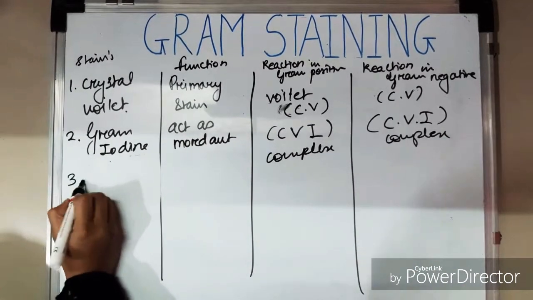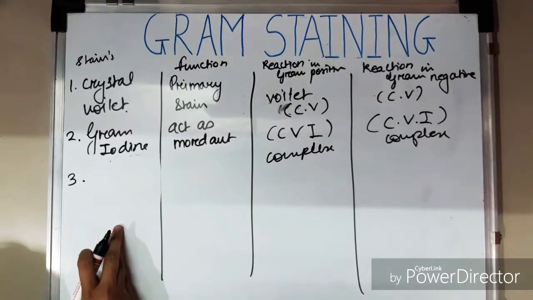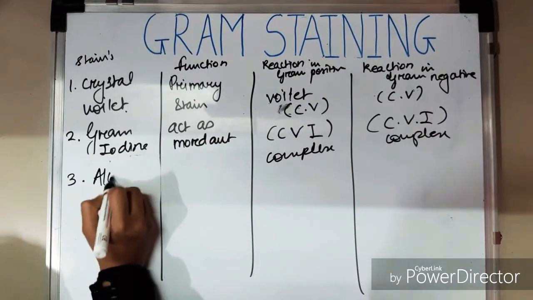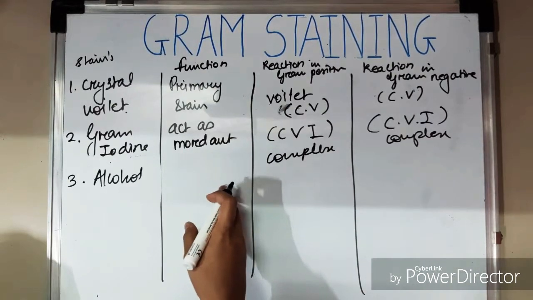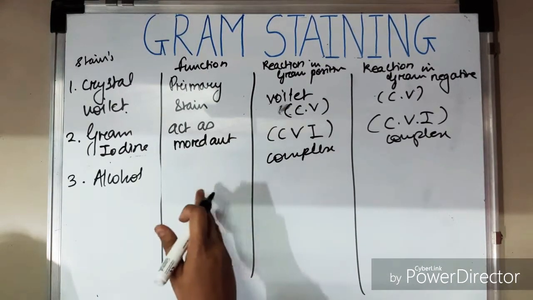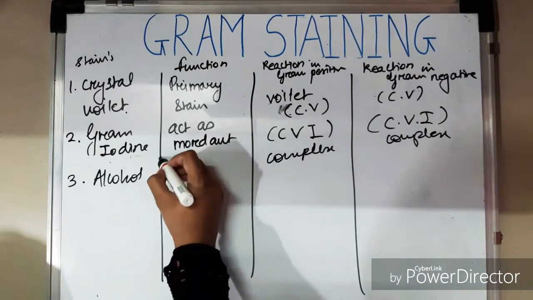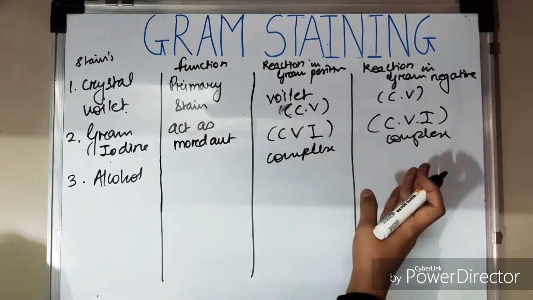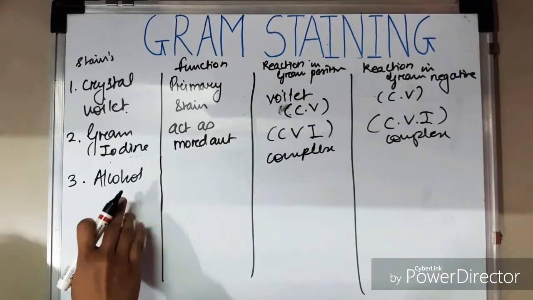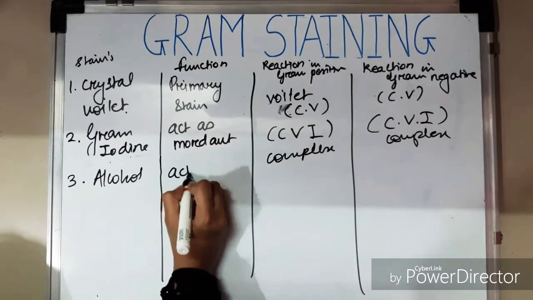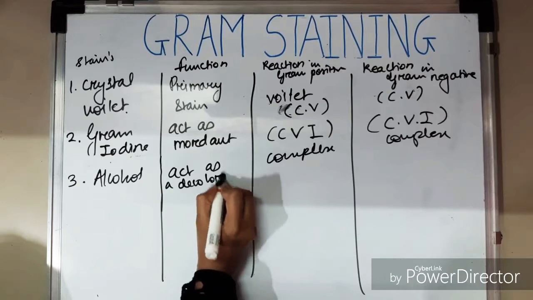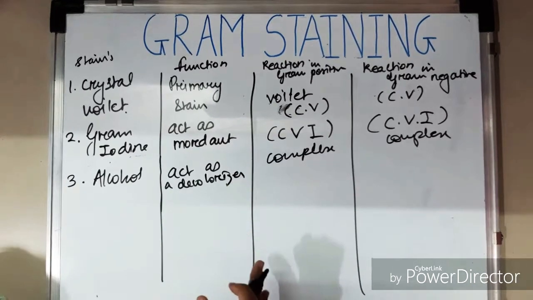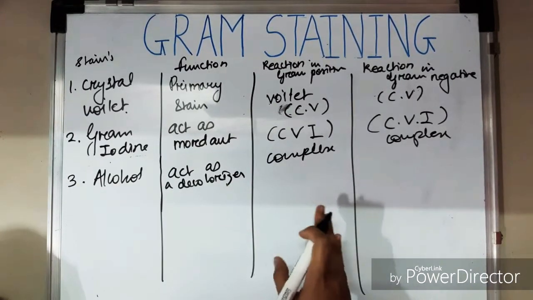So the next one, a decolorizer, is used, which is alcohol. As we have said earlier, it is a differential staining technique. So obviously there are two groups of bacteria, gram positive and gram negative. So the decolorizer is important. The alcohol acts as a decolorizer, which decolorizes the stain from one of the two groups.